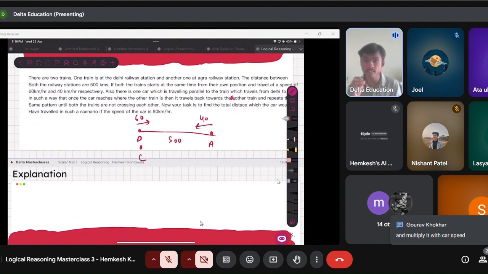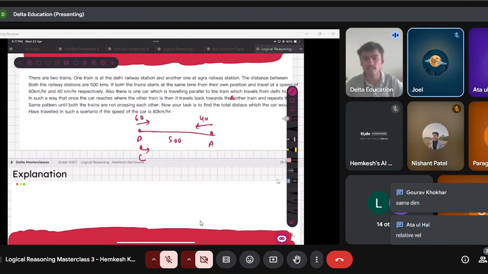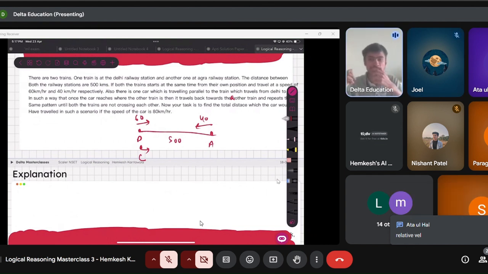We will add up the speed and divide the distance and multiply it with the car speed. Yes, correct approach. But why are we adding? What's that concept called? Relative velocity is correct. But again, why did we add and not subtract?